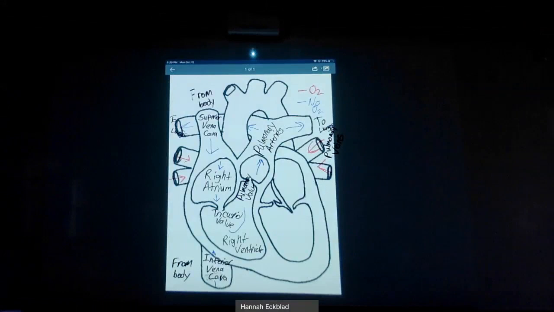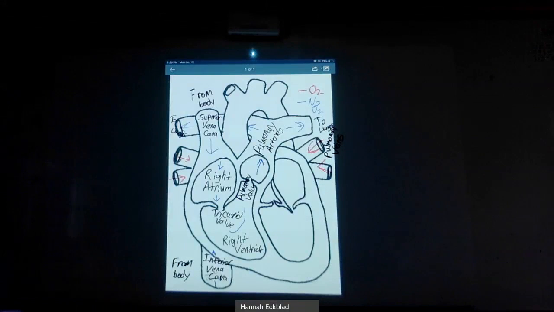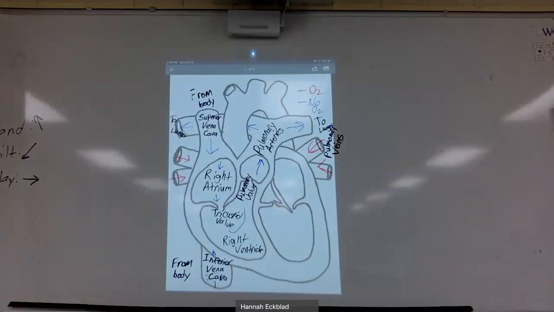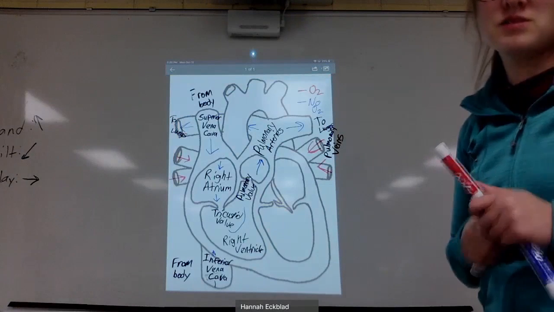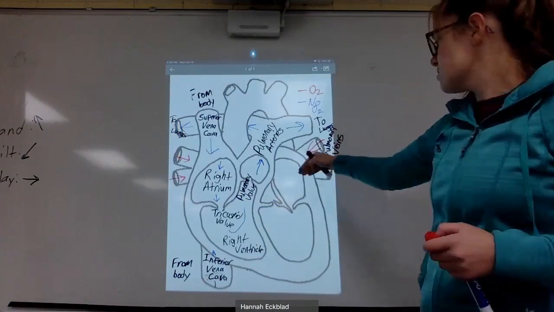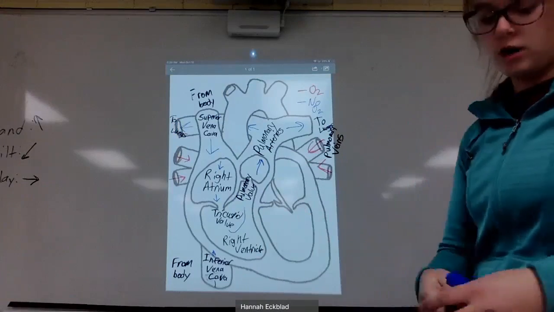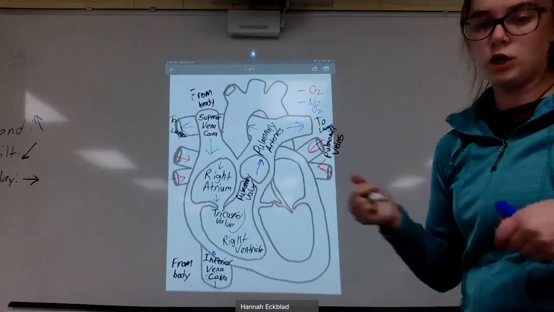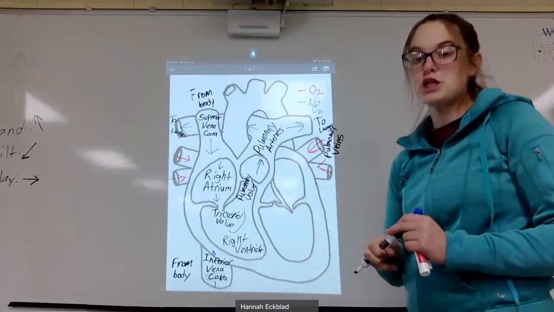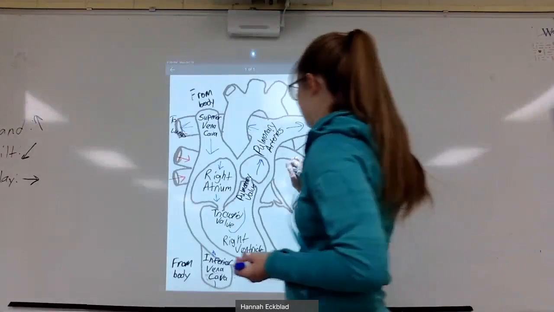Pulmonary veins. And so the veins go towards the heart and into the receiving chamber. Again, receiving chambers are the atrium. So we've got the left atrium.